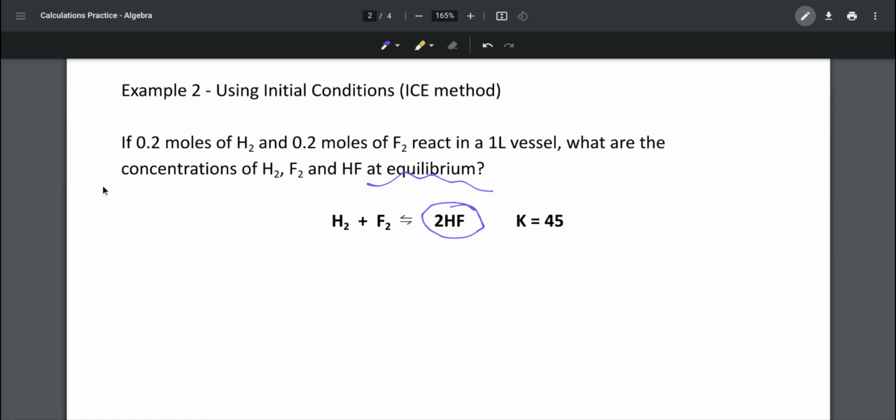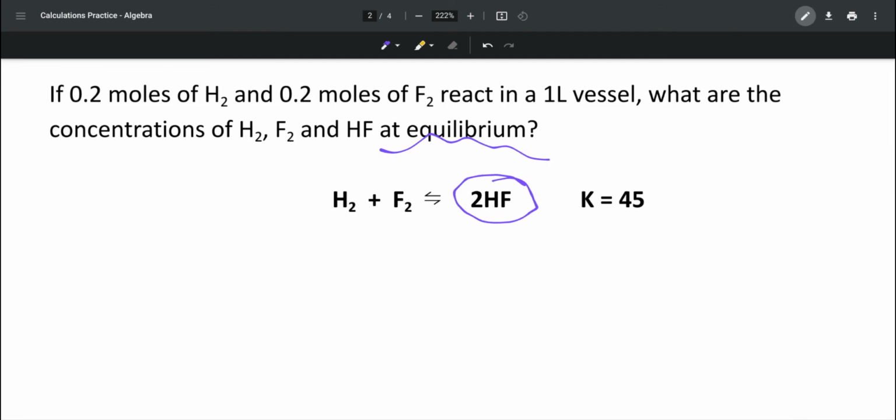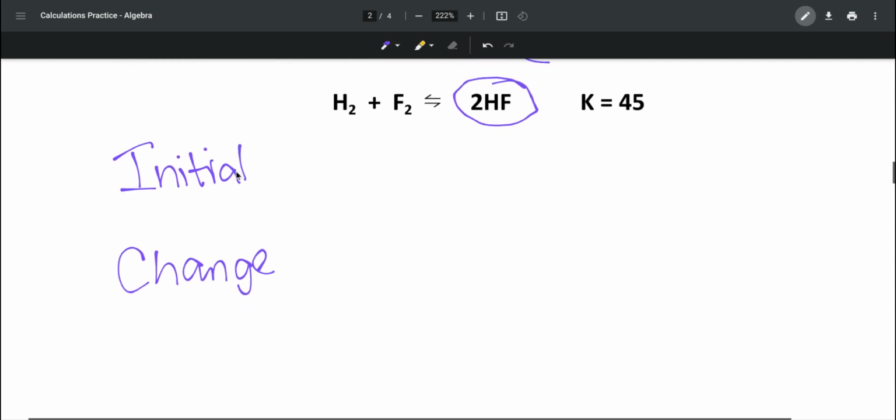And it's called ICE for a reason. I stands for initial. C stands for change. So you've got the initial conditions, whatever you're changing, and then that means at equilibrium, what are our values going to be?